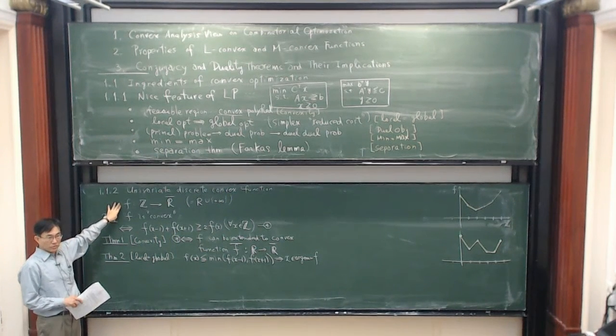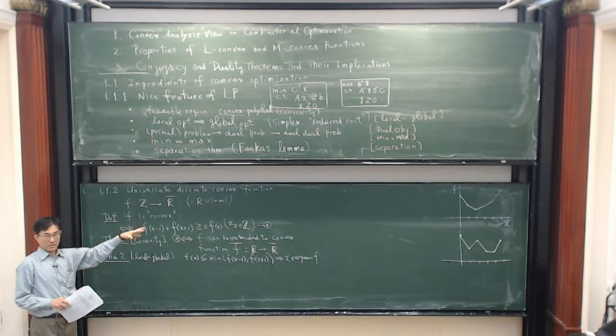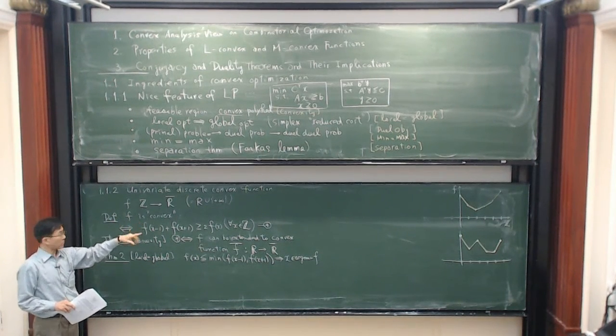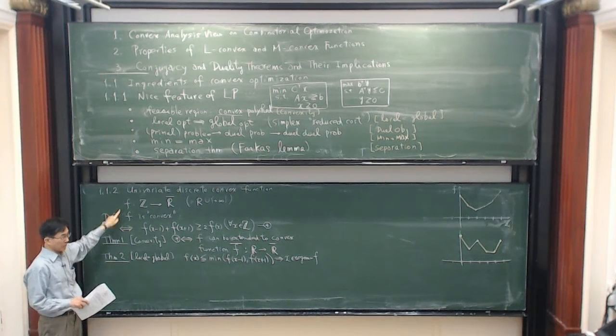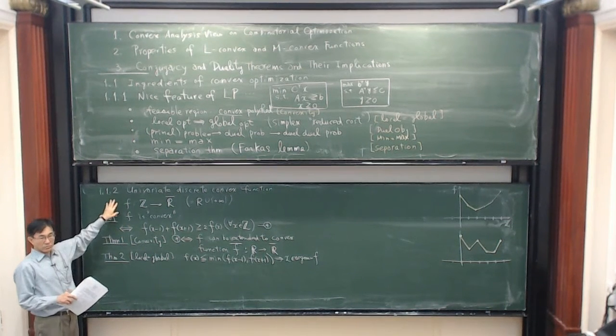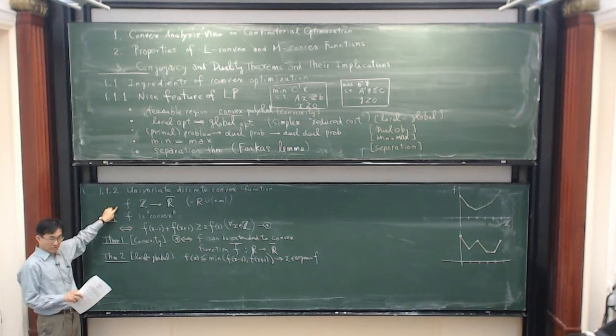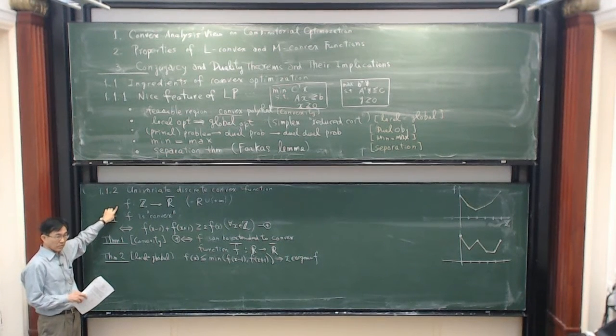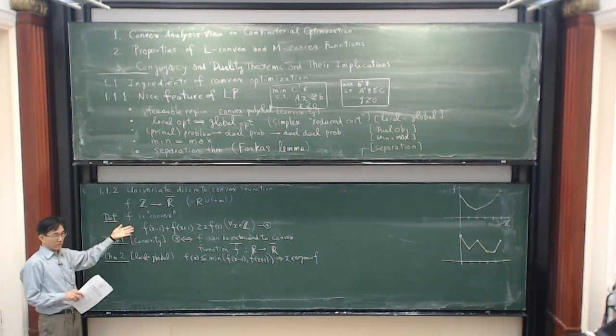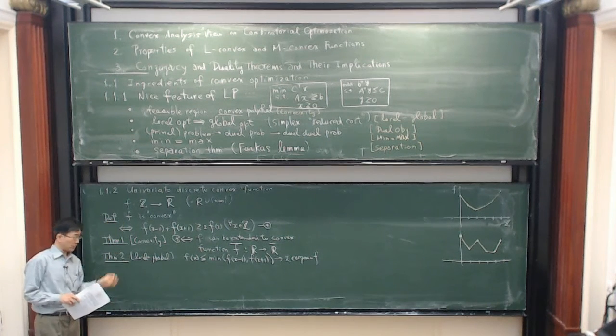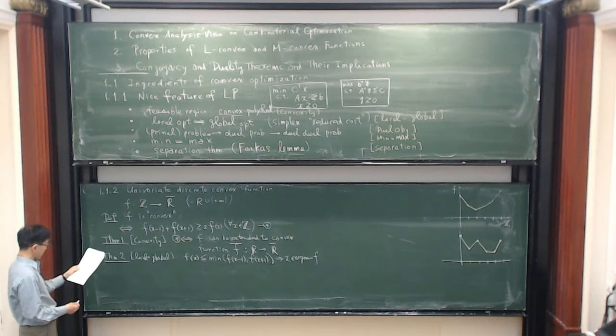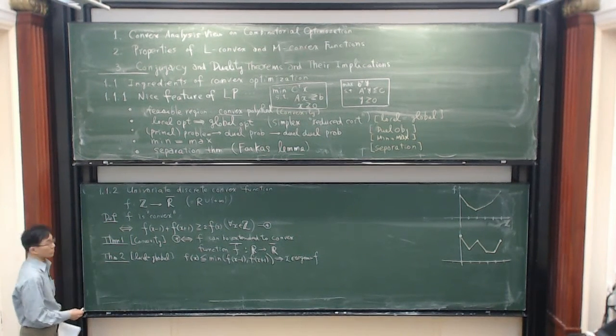And we want to associate with this another object, which is dual to this. And there is a general construction in convex analysis. And we can use that idea by simple adaptation. So that is called a conjugate function.